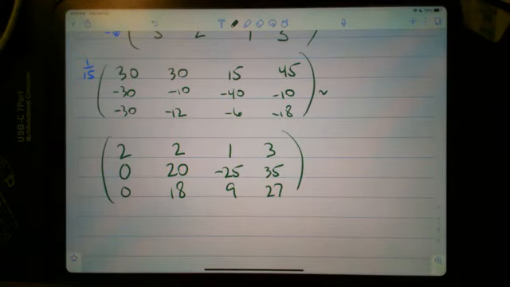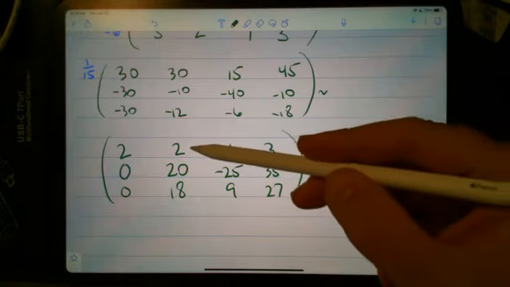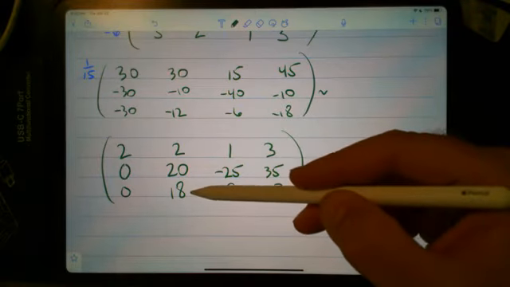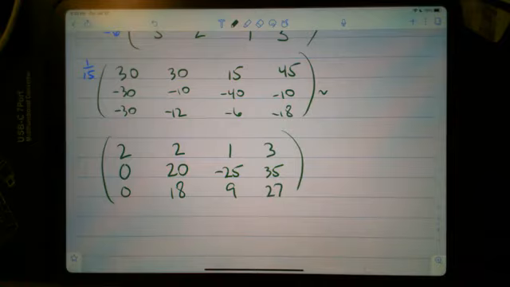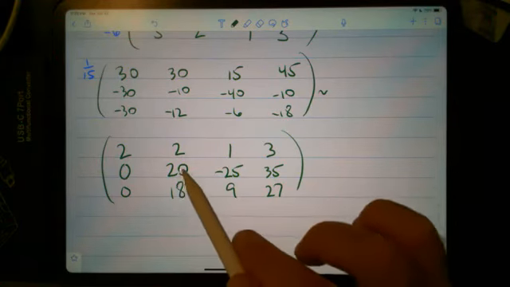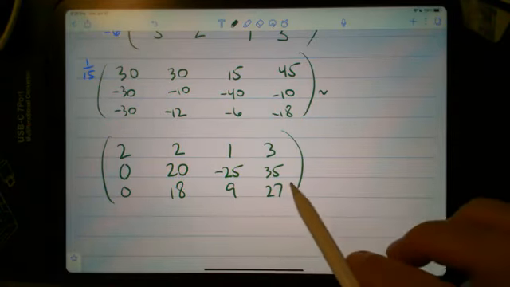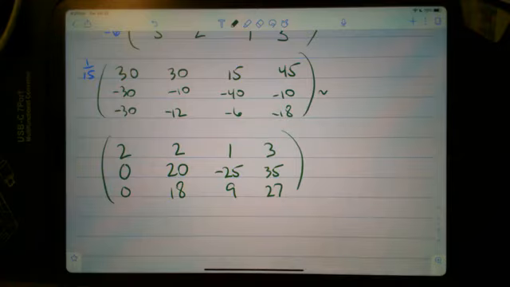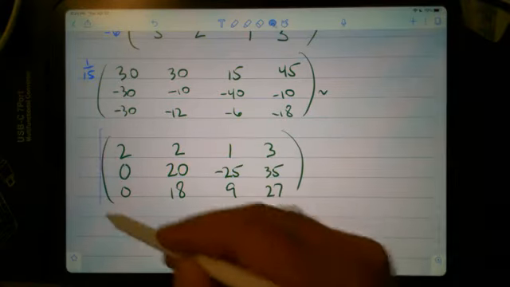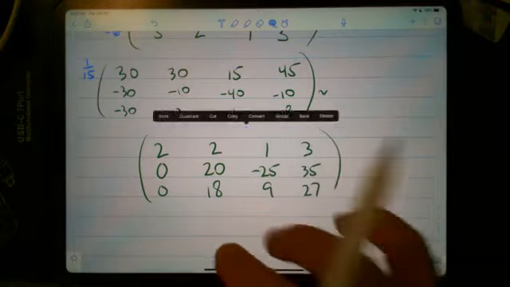Now, looking at this, I want to make this 2 into a 0 and this 18 into a 0. But also looking at this, I have a common multiple of 5 in the second row and a common multiple of 9 in the third row. Smaller numbers lend to fewer mistakes. And so let's shrink this down a little.